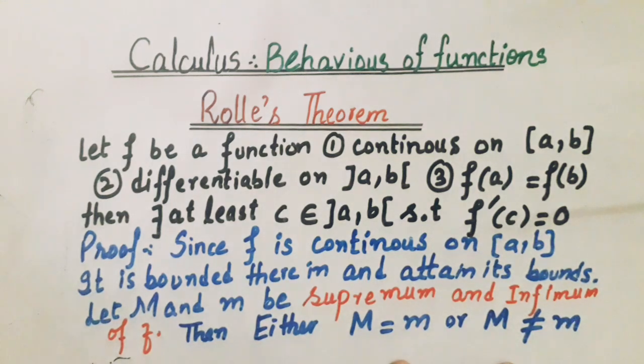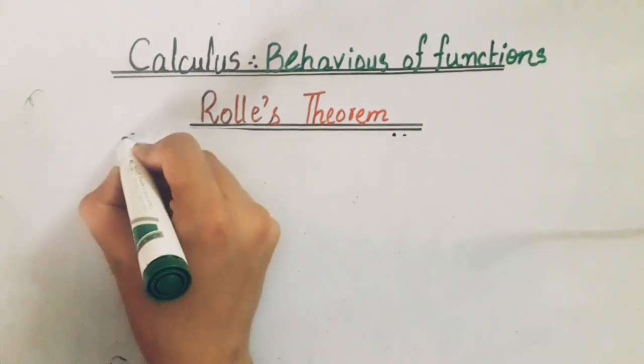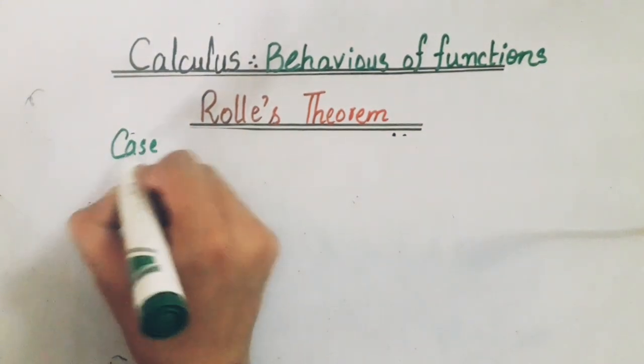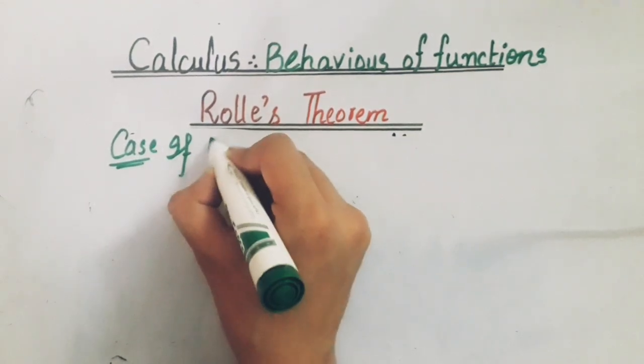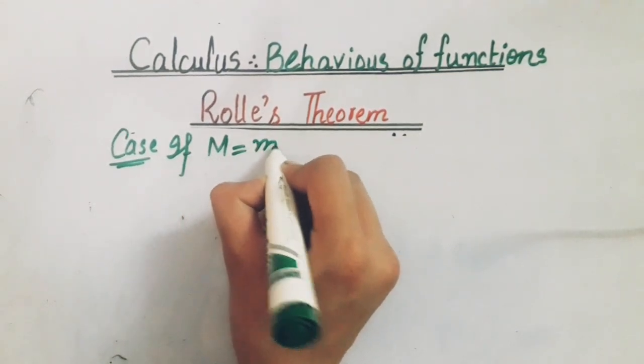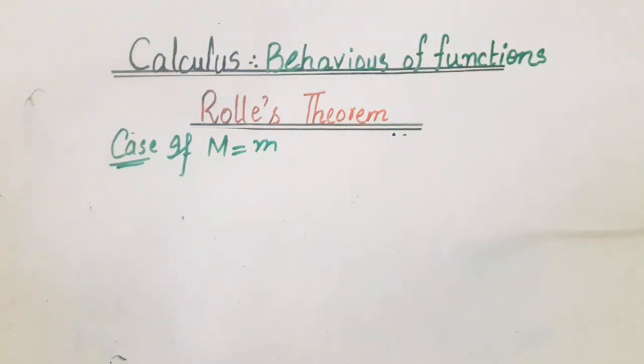These are the two possible cases. First we take one case and then the second case. Now first of all, case 1, that is if capital M equals small m. It means supremum and infimum both are equal.